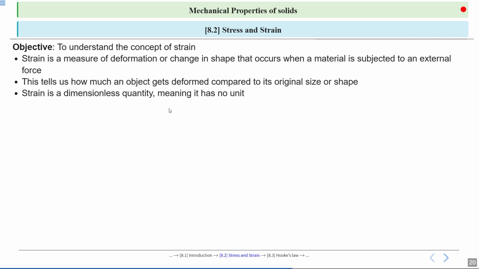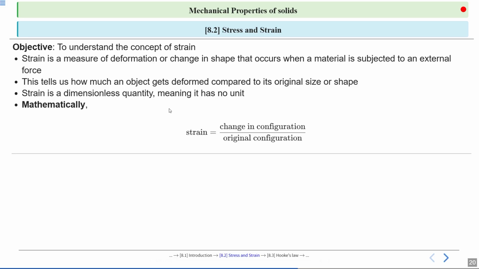Strain is a dimensionless quantity, meaning it has no unit. Mathematically, strain is equal to change in configuration divided by original configuration. And this topic is very important from an exam point of view.